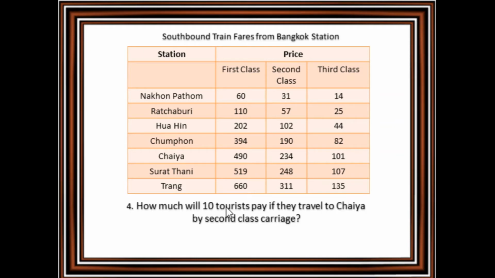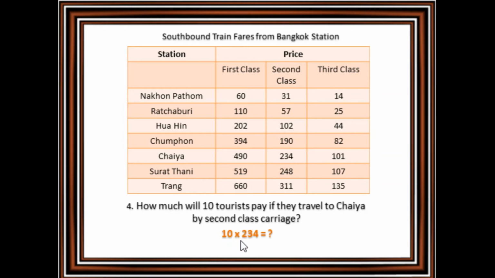But this time, there are 10 tourists. So how much will they pay if they go to Chaiya and ride a second class carriage? What we are going to do is to multiply the number of tourists, which is 10, by the price 234. Why 234? Because it's the price for the second class.